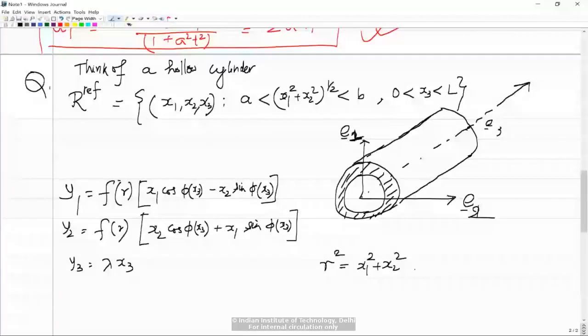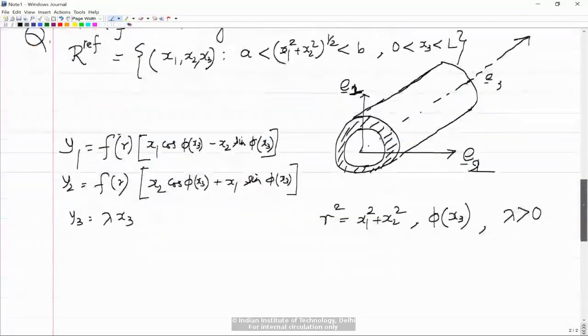And phi of x3 is just some function which only depends on x3, and lambda greater than 0 is a constant. So with this mathematical formula, can you think of what physics this is denoting? What kind of deformation is this denoting? Anyone? Just think about this.